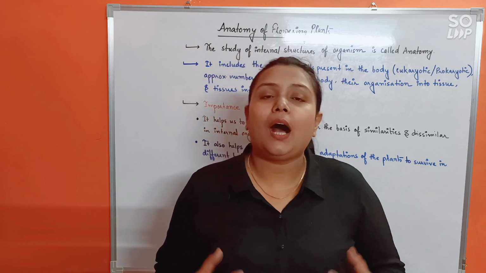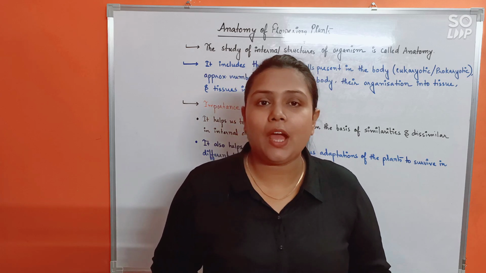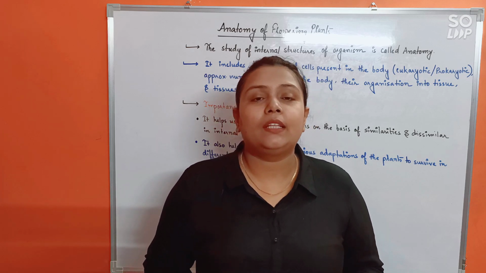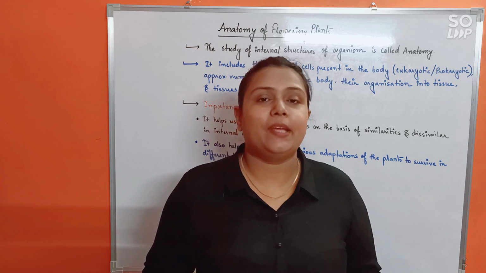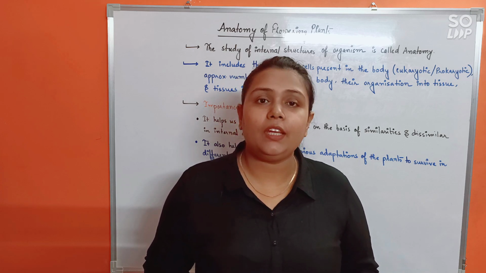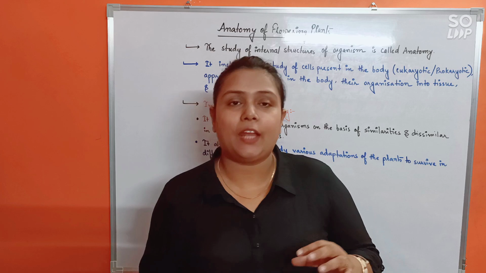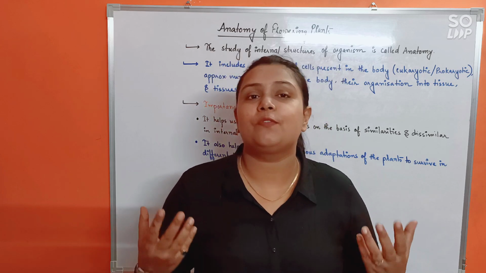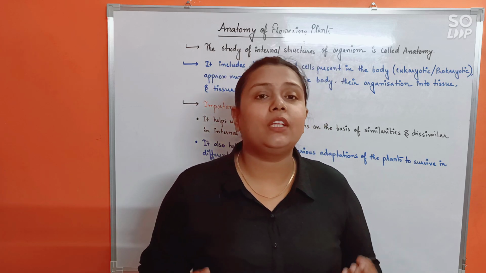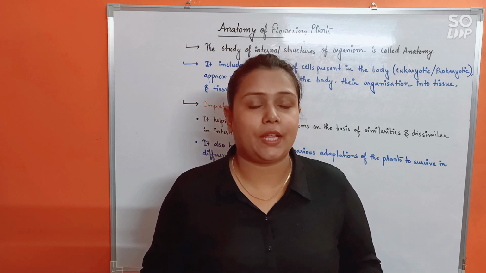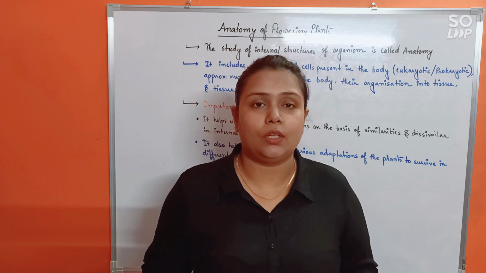Understood? So under anatomy, what exactly do we have to study? We study what are the different cells present in the body of an organism, right? Whether the organism is prokaryotic or eukaryotic, what are the types of cells present? Likewise, what is the approximate number of cells that might be making up the body of an organism?